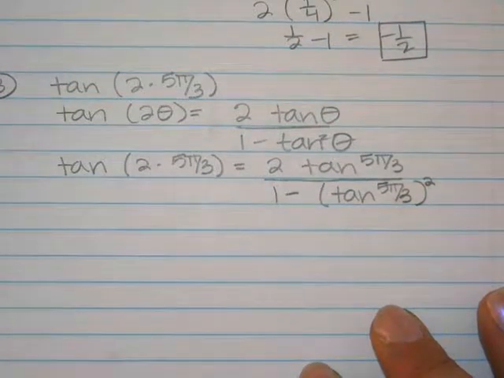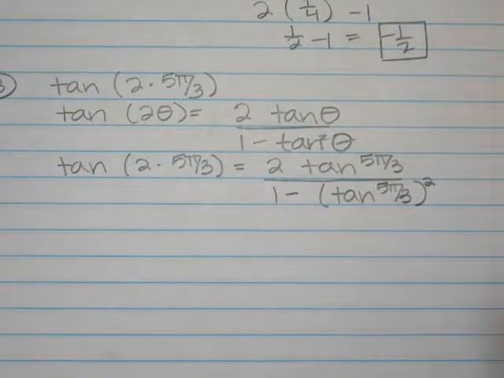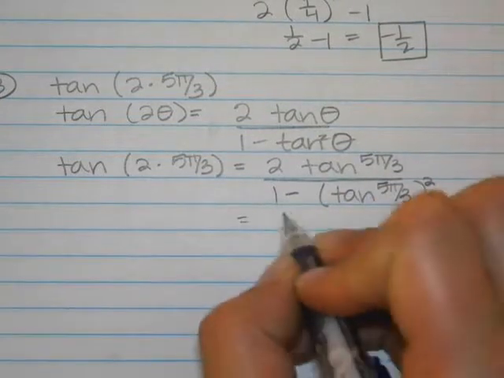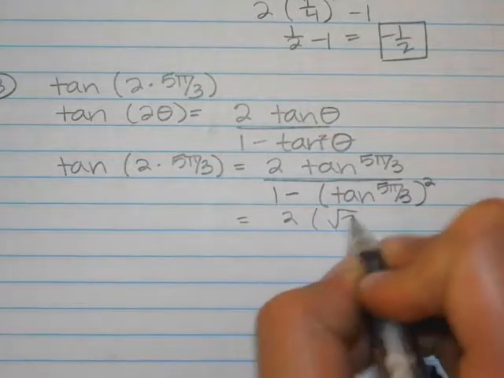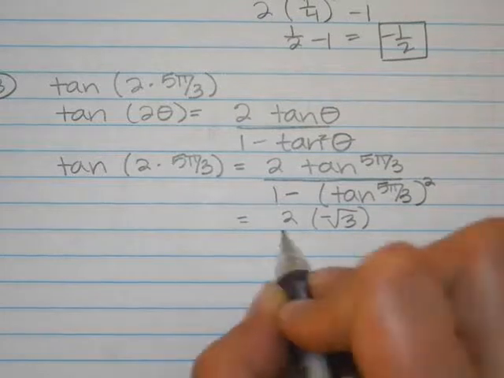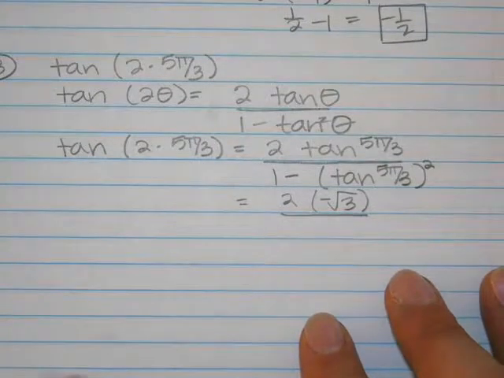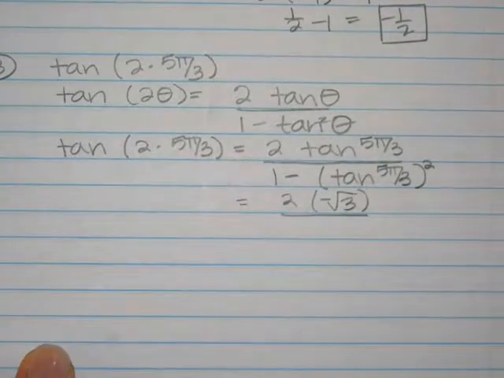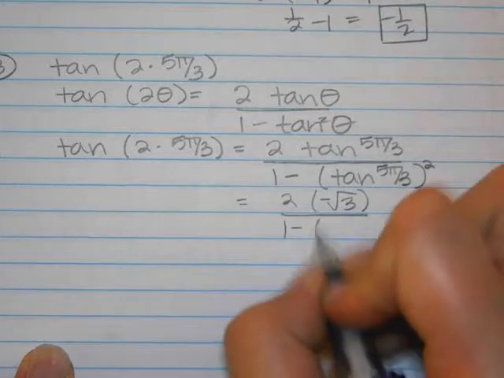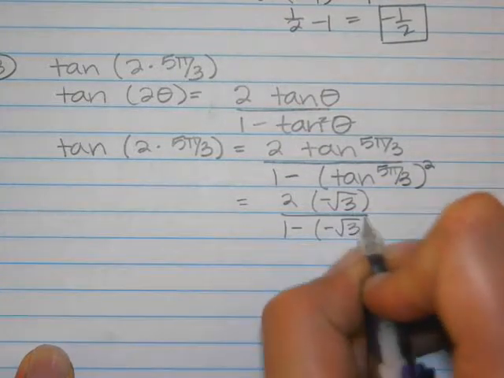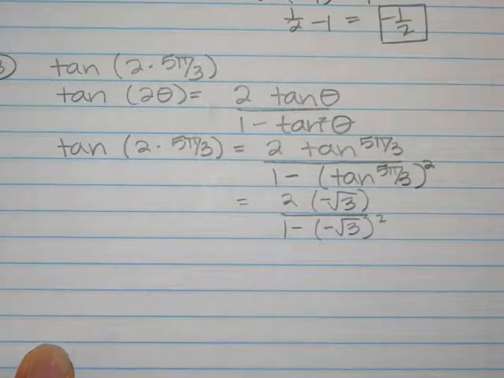So it could have been worse, right? It could have been worse. All right, so that gives us 2 times negative square root of 3, divided by 1 minus negative square root of 3 squared. Okay?